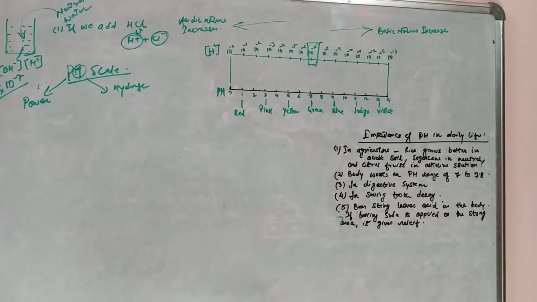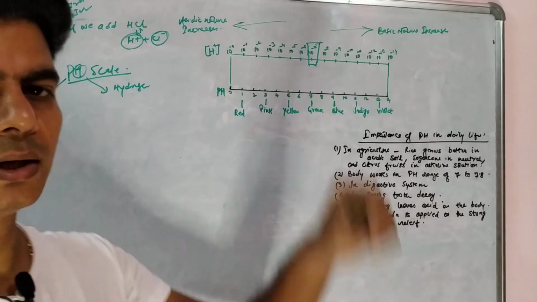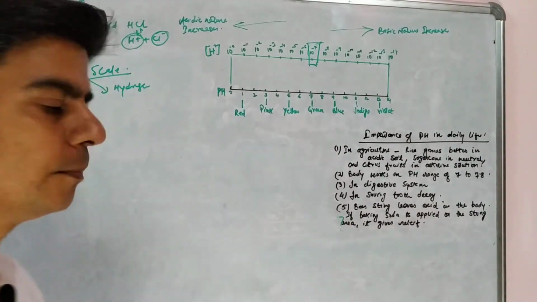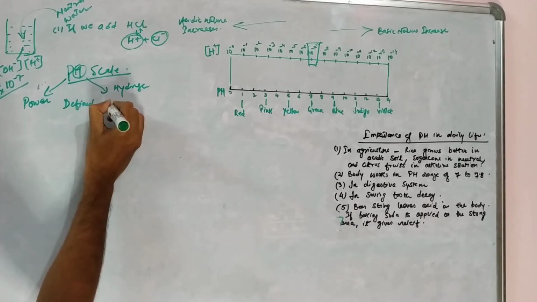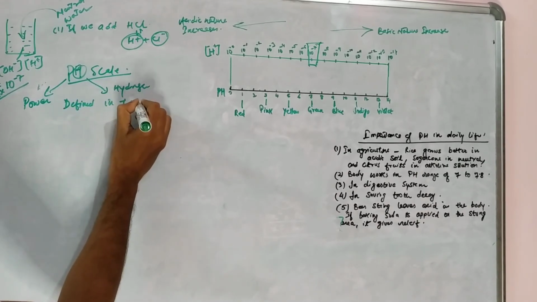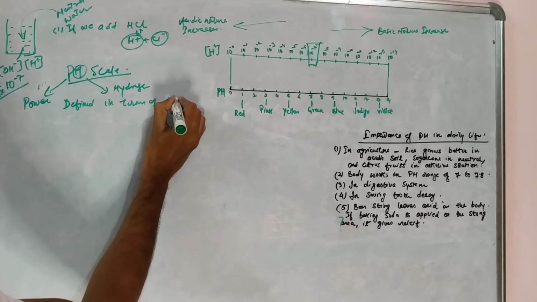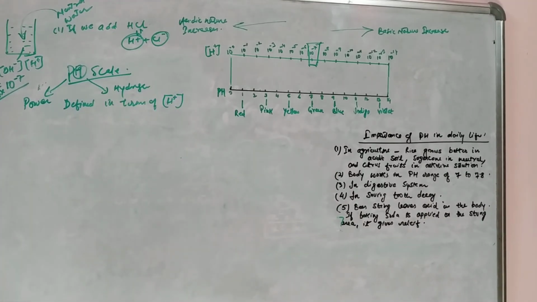That is why the pH scale is defined in terms of hydrogen ion concentration, right?